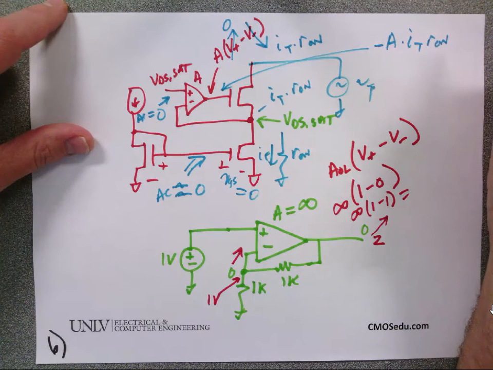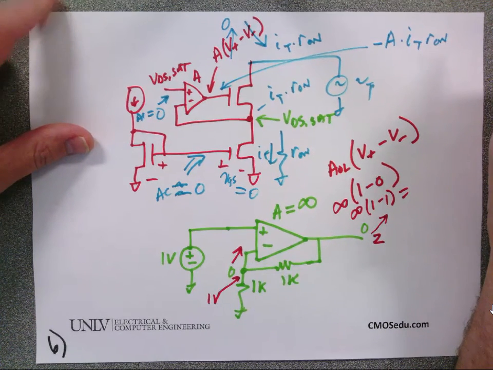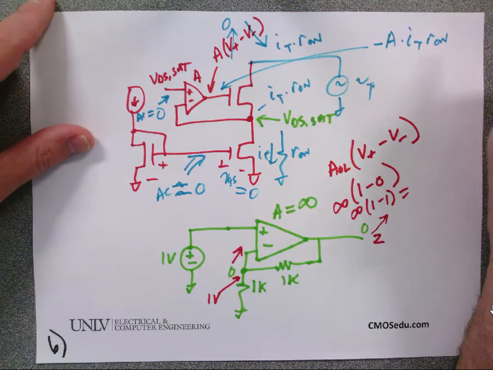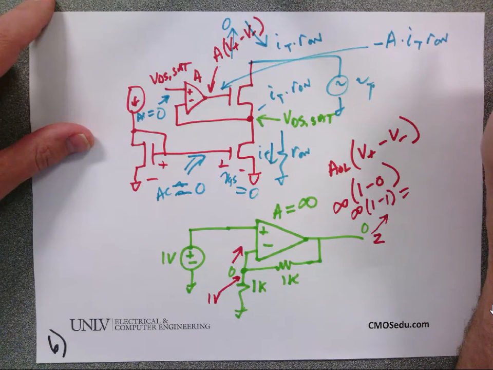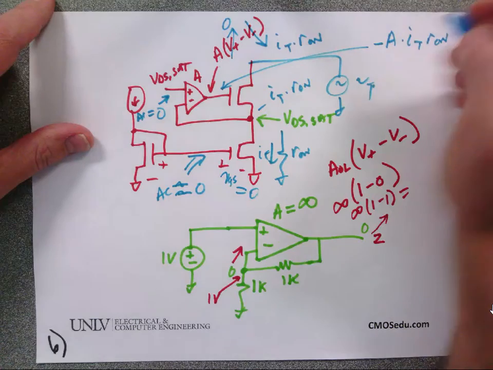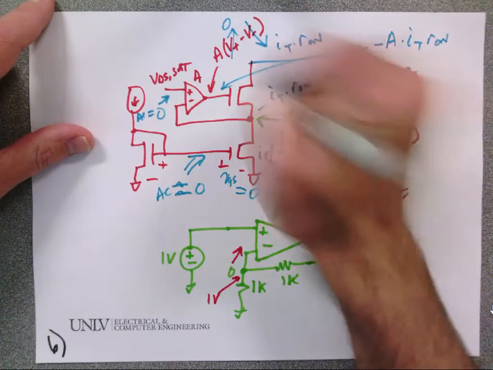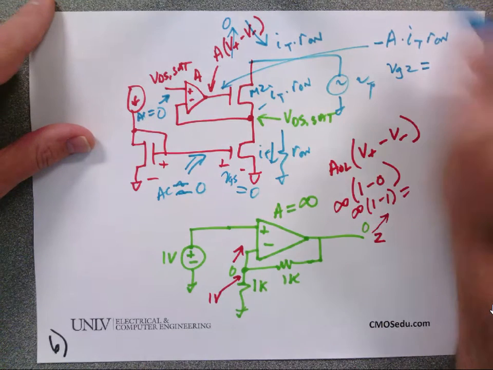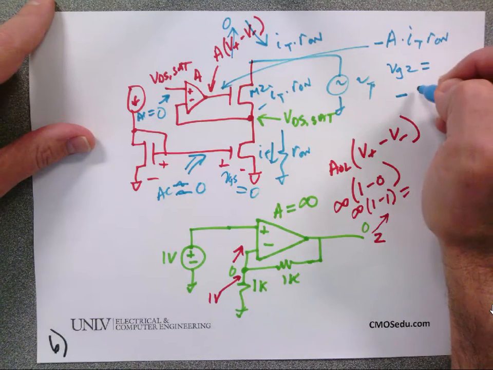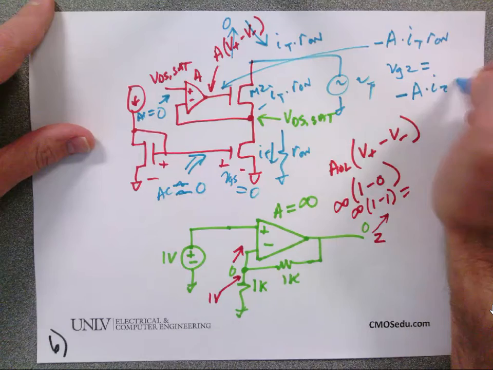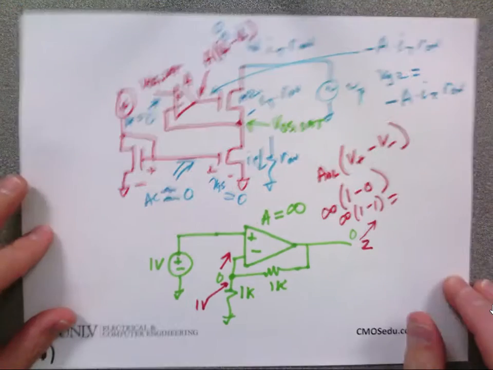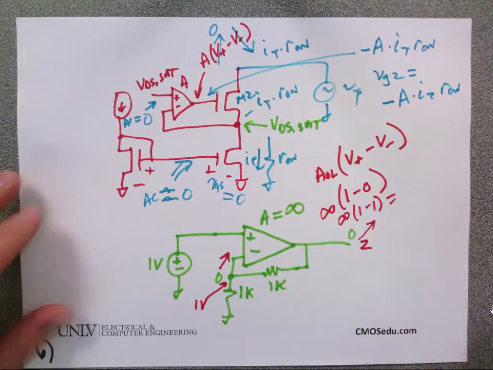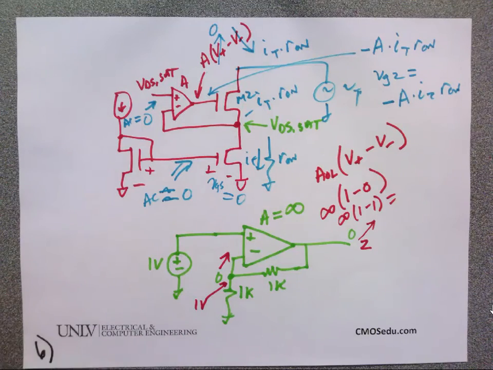So I'm going to go sketch this on the next page. Any questions? So what is VG2 equal to? Why does he keep asking simple questions? I keep trying to make it hard, and it's not hard. So here's a hard one.